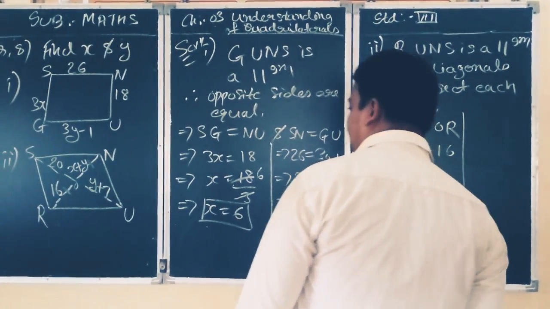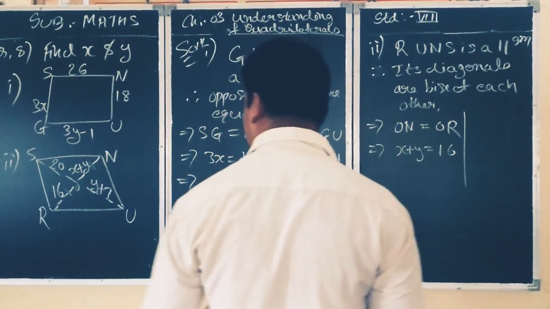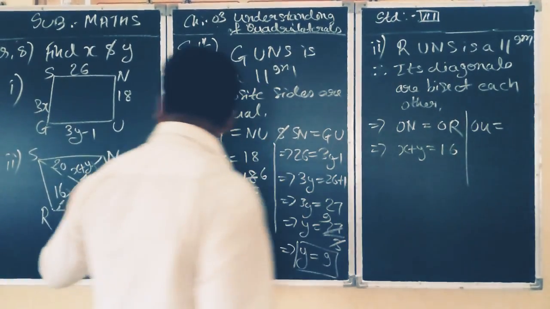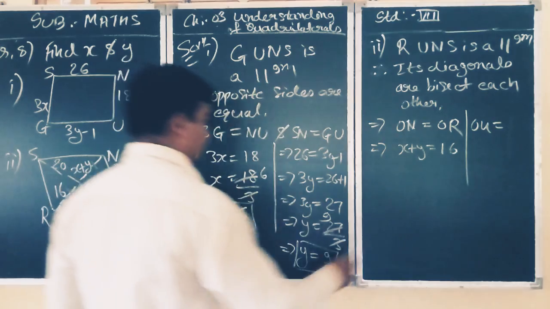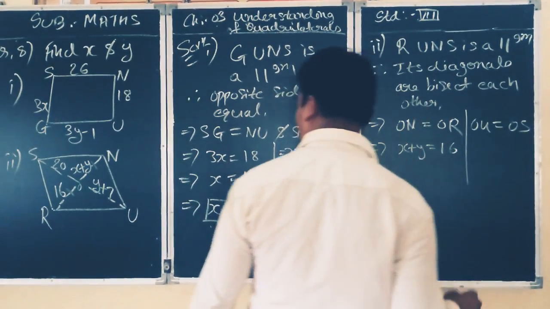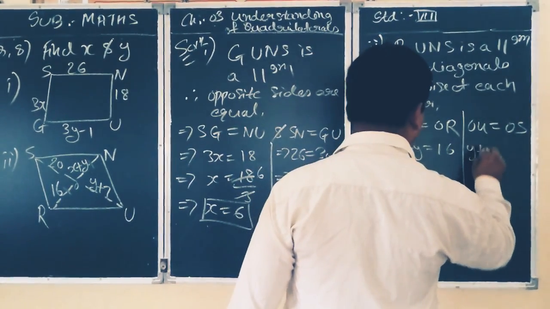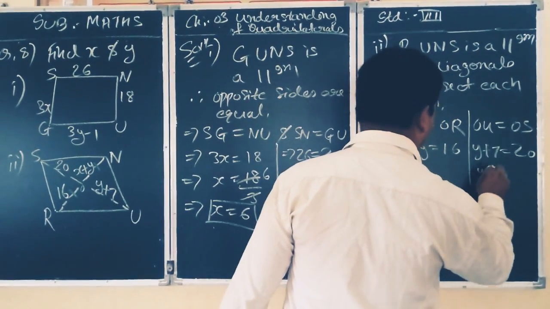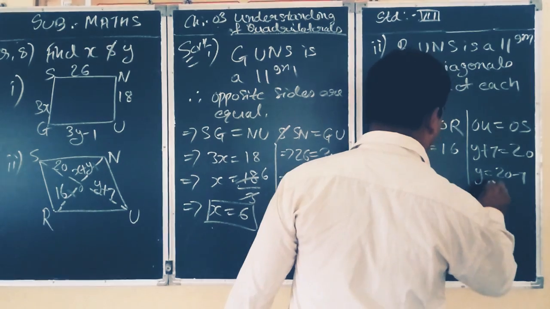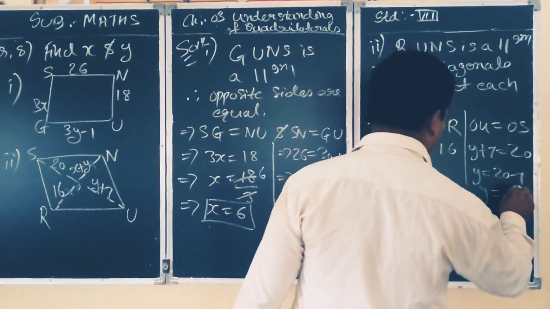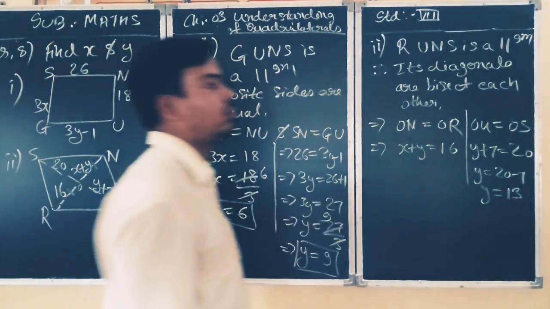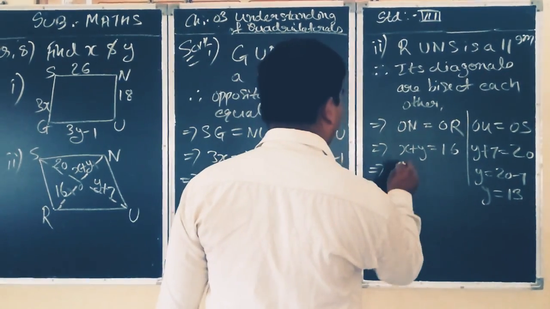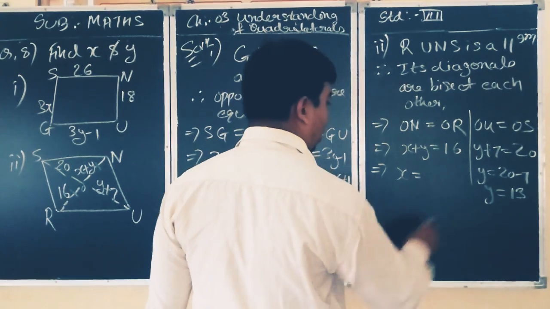And one more thing, OU is equal to OS. So y plus 7 equals 20, and y is equal to 20 minus 7, which is 13.